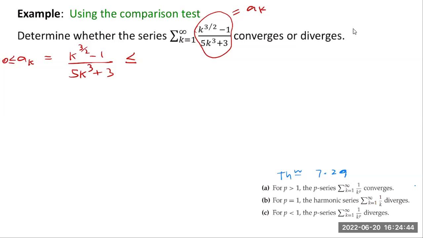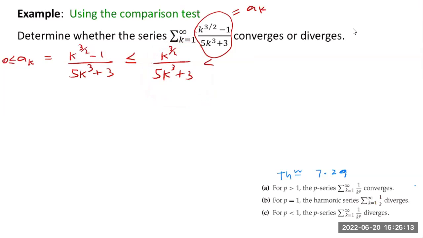So this is greater than or equal to clearly k to the power 3 over 2, divided by 5k to the power 3 plus 3. Would you agree with me? This is clearly true, right? Here you have minus 1. If you take off this minus 1, you should get a bigger quantity.